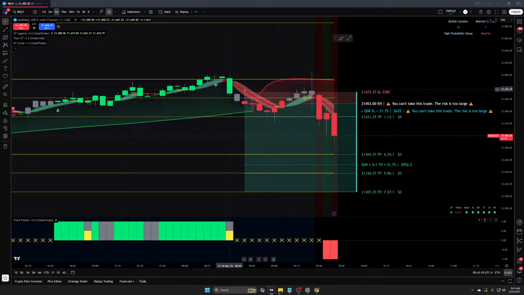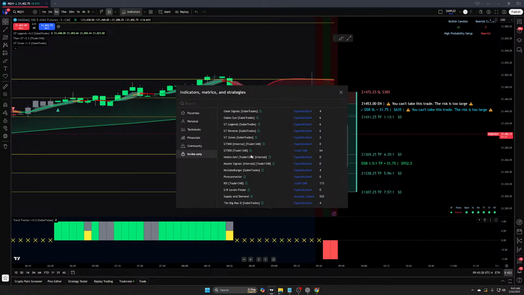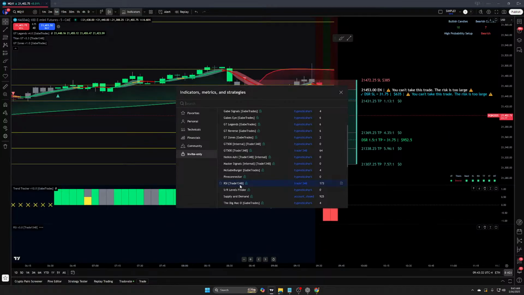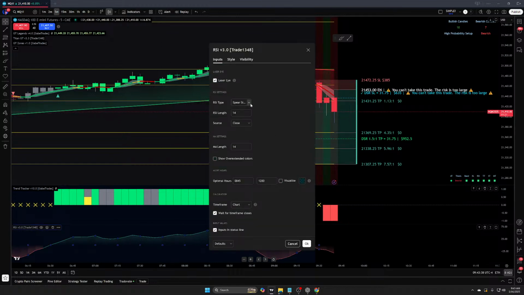Now, something really helpful, especially with scalping, guys: we're going to go into our indicators and get the RSI here. We're going to change this from spear strength to traditional.